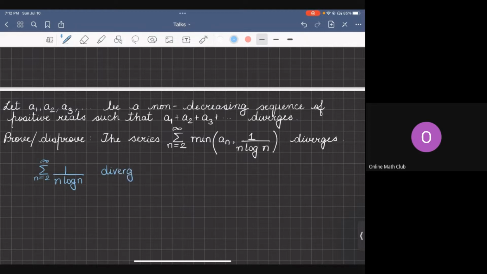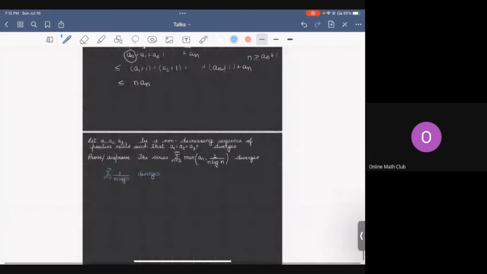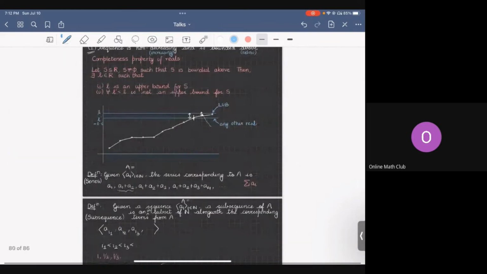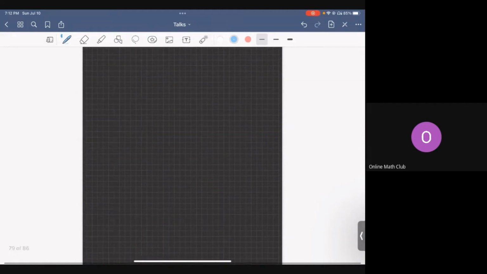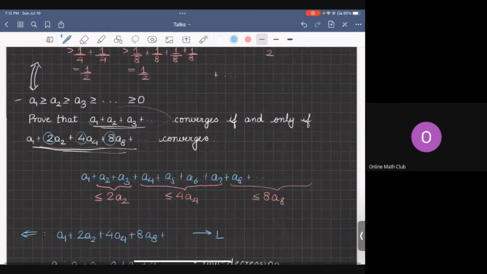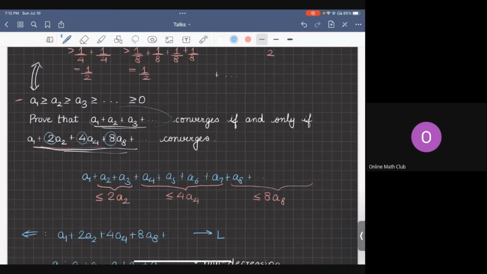We use that trick where, I'll just scroll up. We had this important theorem that A1 plus A2 plus A3 plus so on up to infinity converges if and only if this converges. So just take powers of 2 and then the appropriate constants.